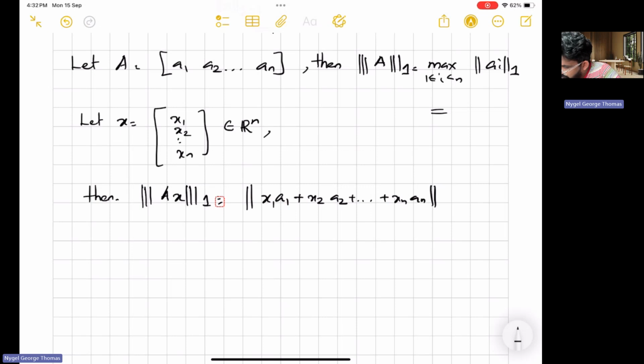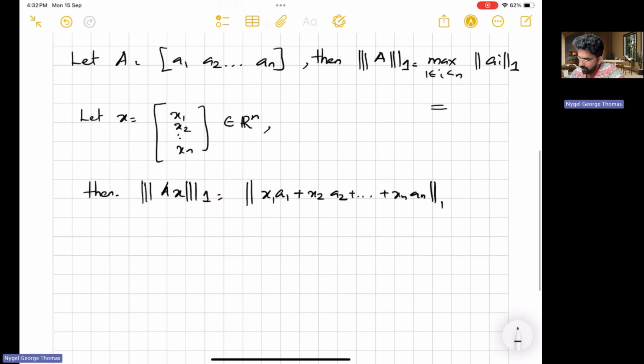This is actually the L1 norm, and we can apply the triangle inequality, because the norm of a sum is less than or equal to the sum of the norms. That's what the triangle inequality says.